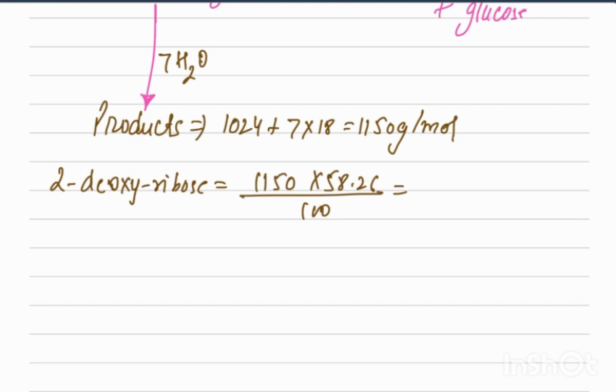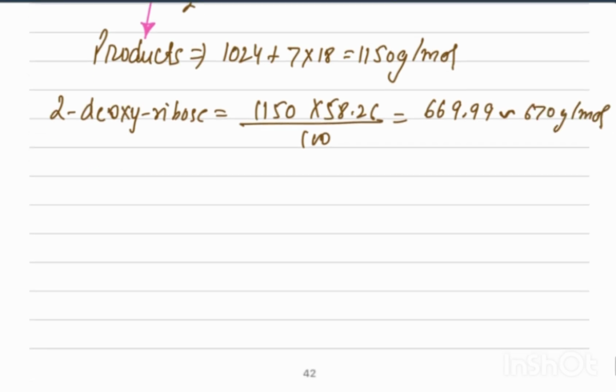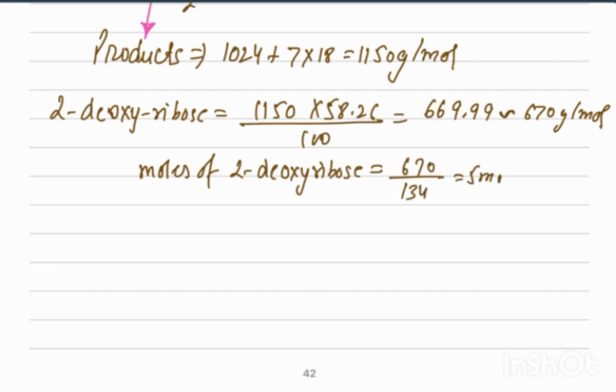That's why we have calculated 58.26% of 1150, which will be 669.99, which is around 670 gram per mole. Now we know the moles of 2-deoxyribose will be equal to 670 by 134, which is 5 moles.